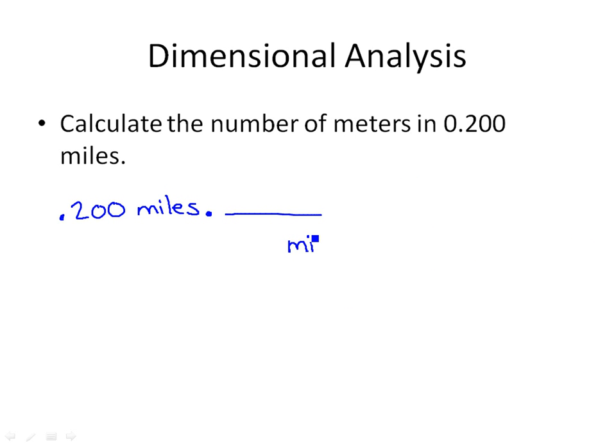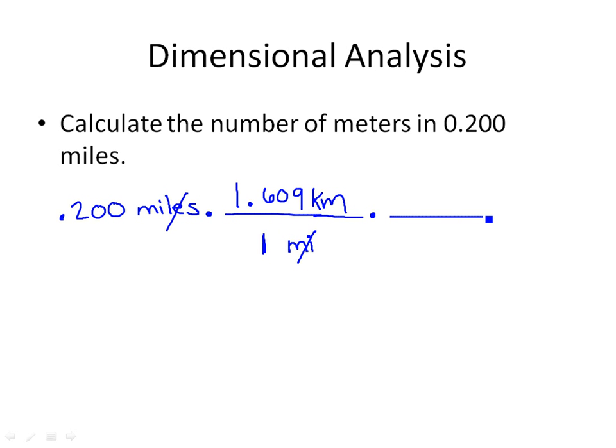Okay, so if we look at our conversion factor list, what I see is that in 1 mile, we have 1.609 kilometers. Okay, so our miles can cancel. All right, and now we want to go to meters.